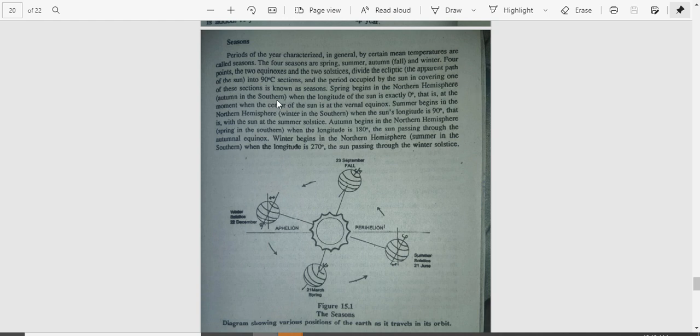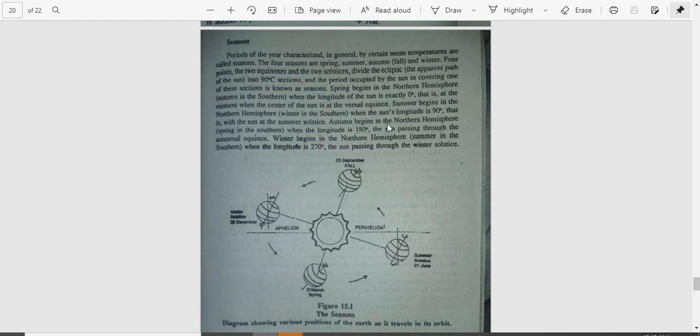Hindi tayo ipagpadalman, when the sun's altitude is exactly at 0 degree angle, and the moment when it enters is the vernal equinox. Summer begins in the northern hemisphere, winter in the southern, when the sun's longitude is around 90 degrees, the summer solstice.